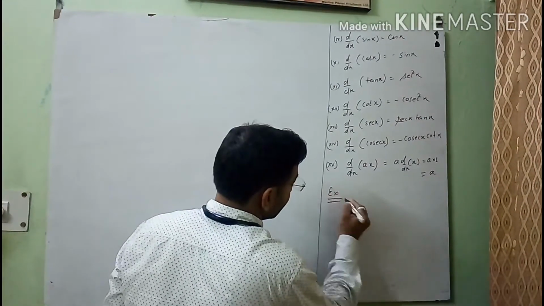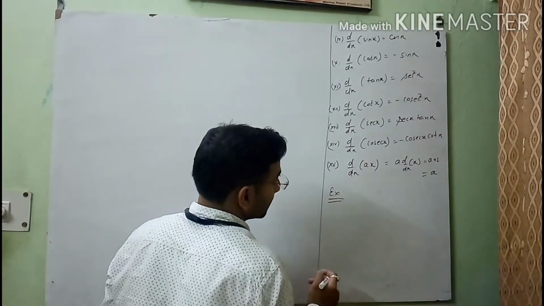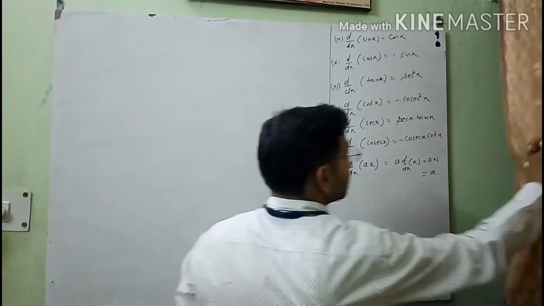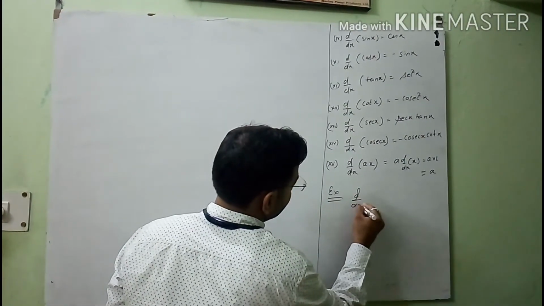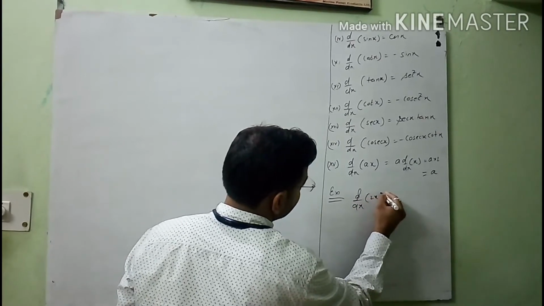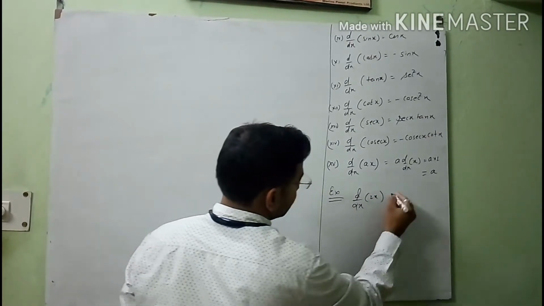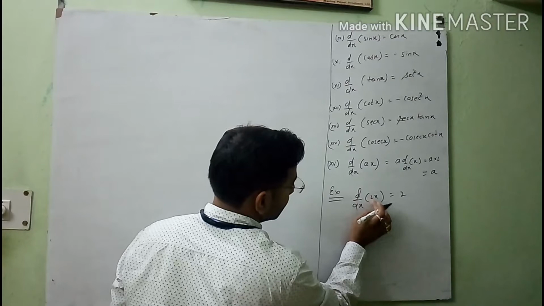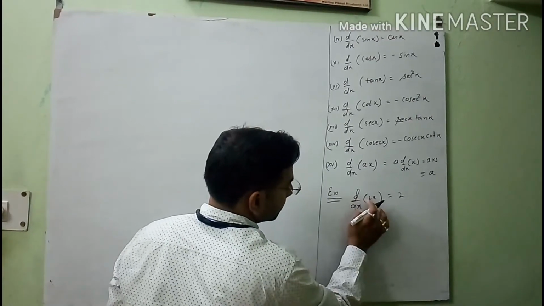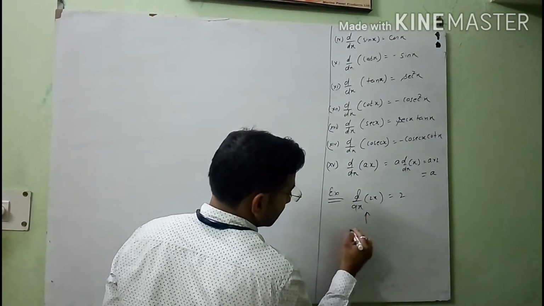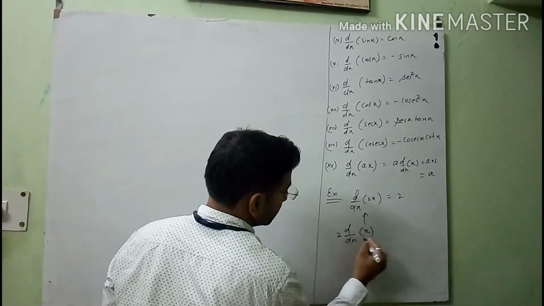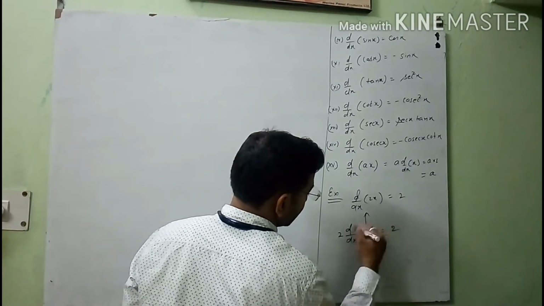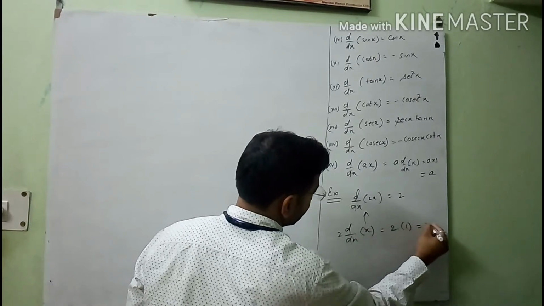If you want to take an example related to this topic, you will write here d upon dx of 2x, then the answer will be 2, because 2 is a constant. When you solve this, you take the 2 as it is, so 2 d upon dx of x is 1, then the answer will be 2.